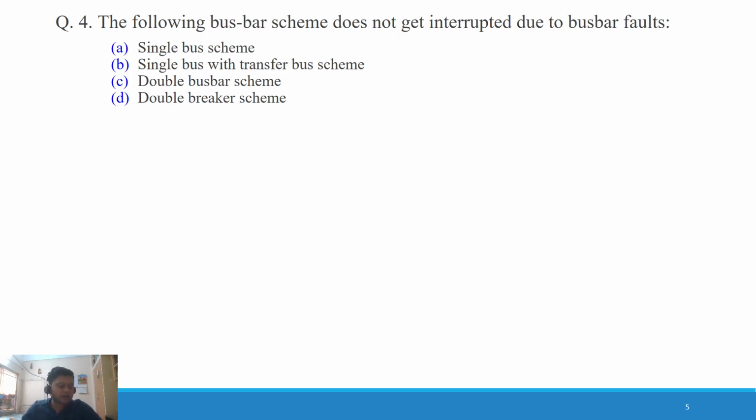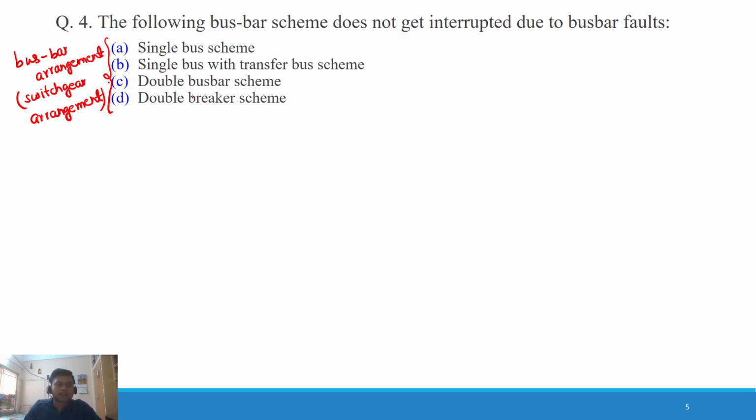We have different types of busbar arrangements or switchgear arrangements.